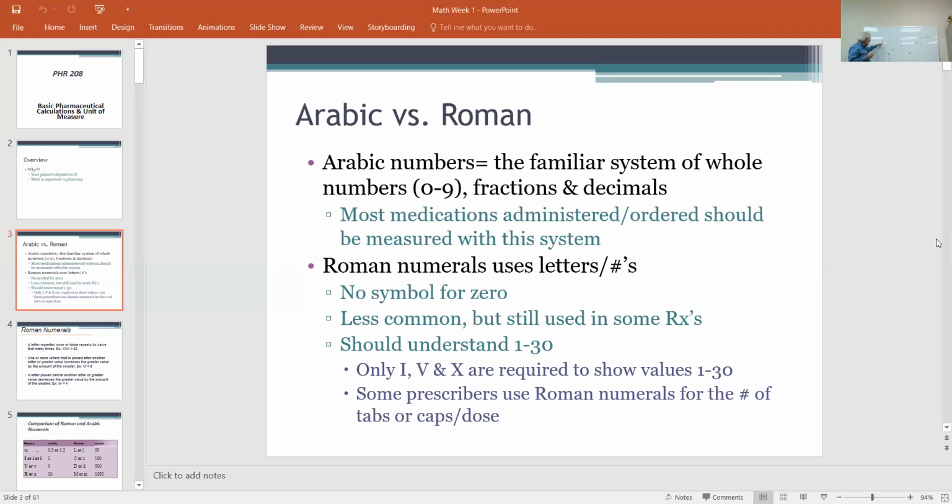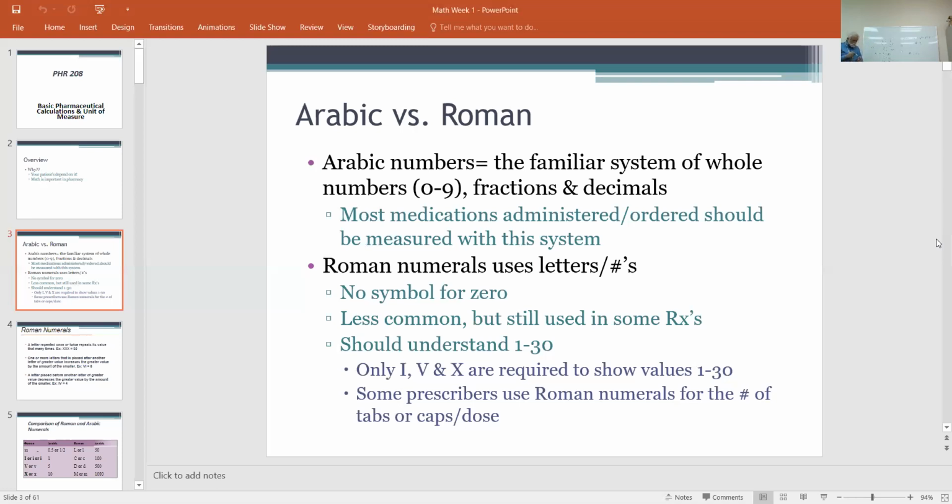So 4 is IV. 9 is IX. You don't have VX, however, because V is 5. Right? But you can have XL, which is 40.